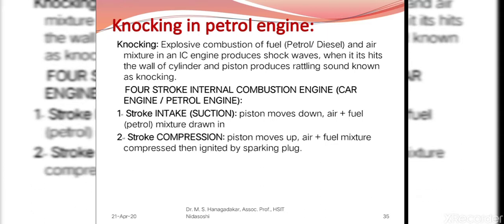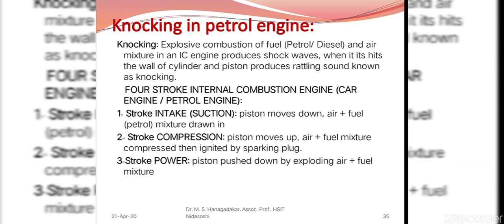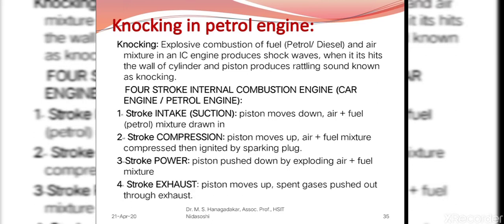The second stroke is called compression stroke, where piston moves up dead end where air and petrol mixture gets compressed and then ignited by the spark plug. Third stroke is called power stroke, where piston moves downstream dead end by exploding air and fuel mixture in an IC engine. The fourth stroke is called exhaust stroke, where piston moves upward dead end where spent gases are pushed out through the exhaust system.